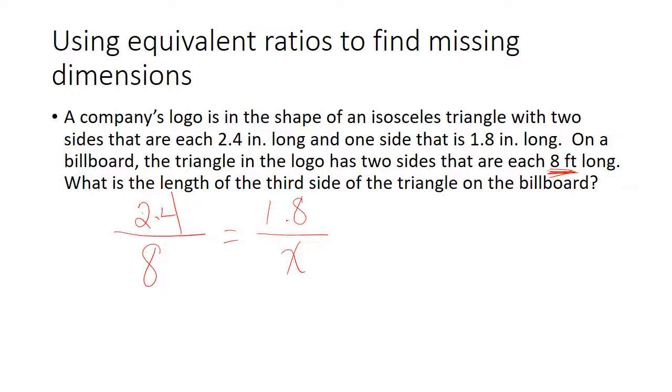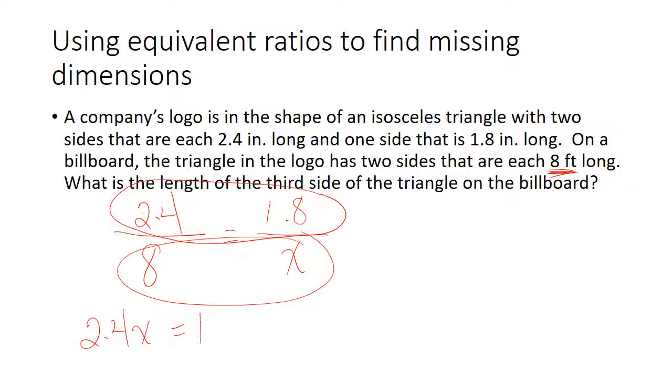I'm going to show you that it doesn't matter which one's on top and which one's on bottom, as long as these refer to the same picture and these refer to the same picture. We are going to cross multiply, so this would be 2.4x equals 1.8 times 8, which is 14.4. I'm going to divide by 2.4 to get my x alone. x is going to be equal to 6.